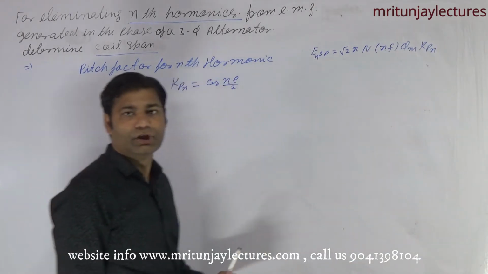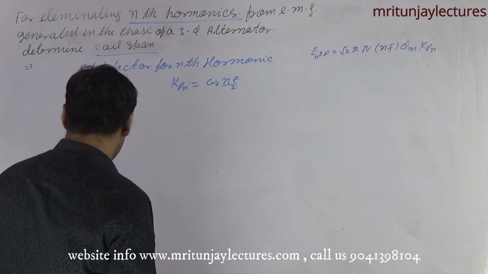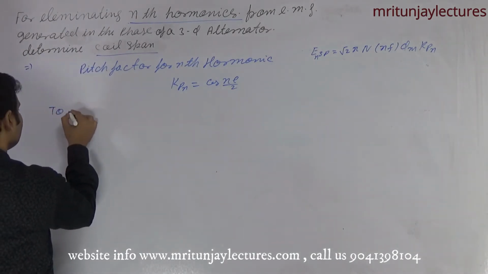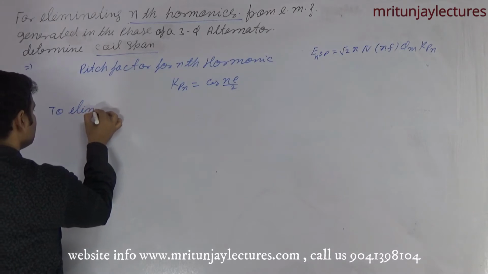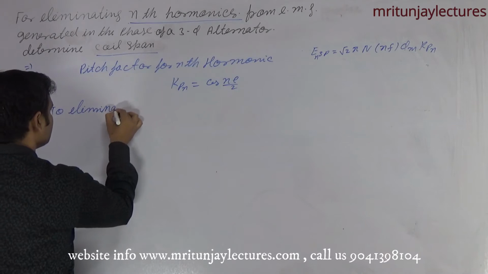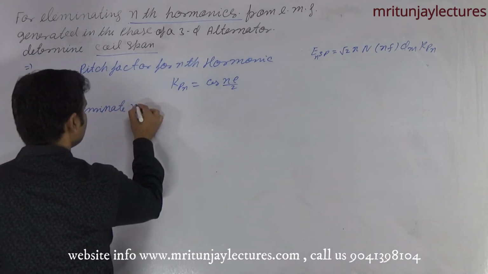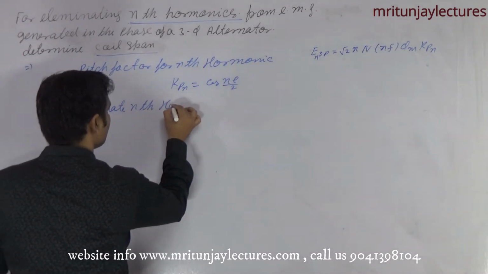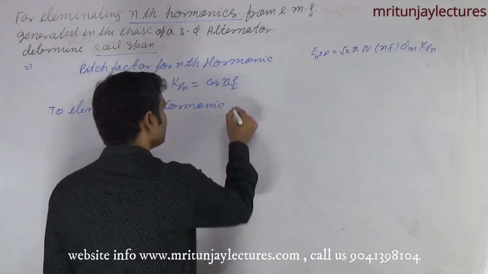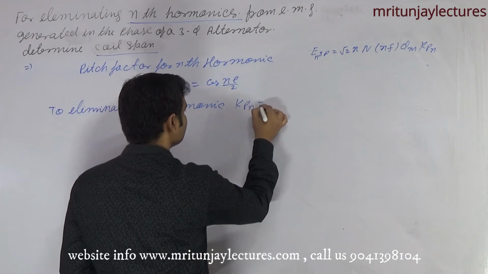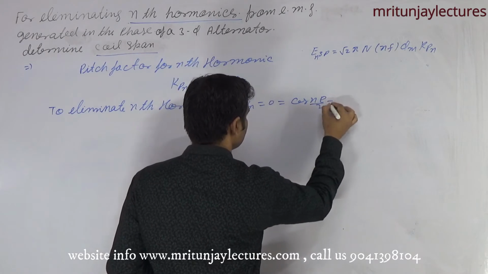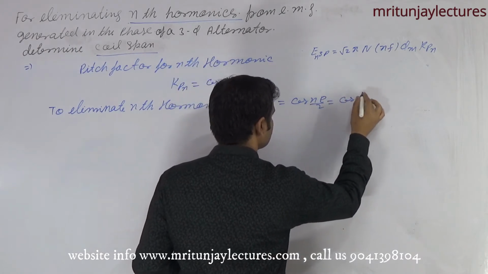Okay, to eliminate the nth harmonic, it means Kpn is equal to 0, cos n rho by 2 is equal to cos pi by 2.